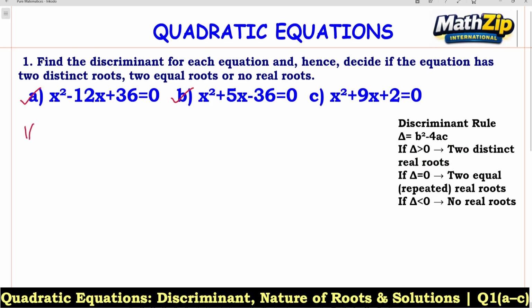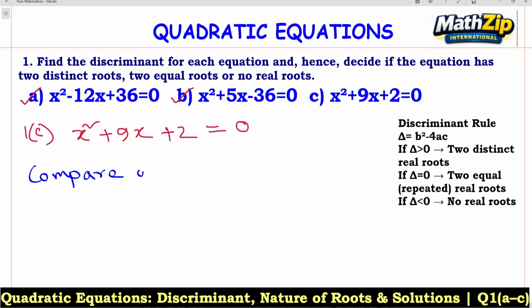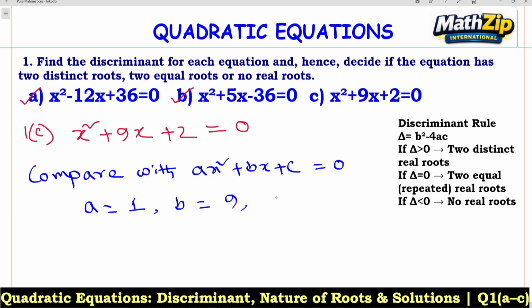Question 1C. Here is x square plus 9x plus 2 equals 0. So first we have to compare with ax square plus bx plus c equals 0. So here a equals 1, b equals 9, and c equals 2. So what will be the discriminant?